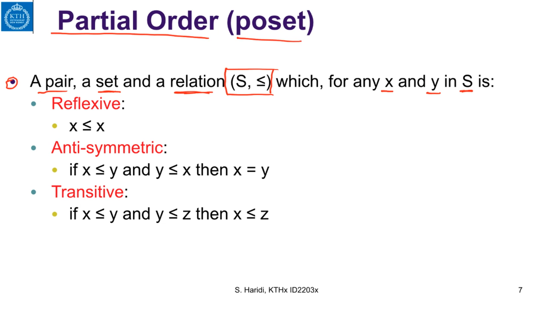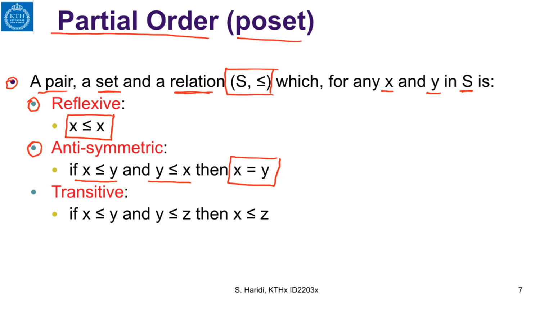And these are properties describing the partial order. First, it says that partial order is reflexive, which means for any element x in S, x is less or equal x. That is reflexivity. Then we have the second property, which is anti-symmetry: for any elements x and y in S, if x is less than y and y is before x also, then it means that we are talking about the same element.